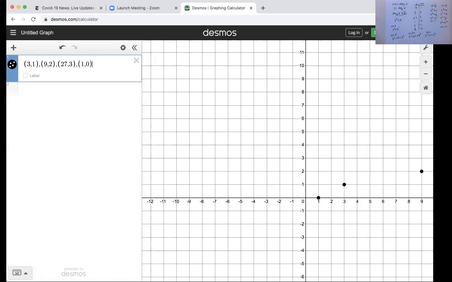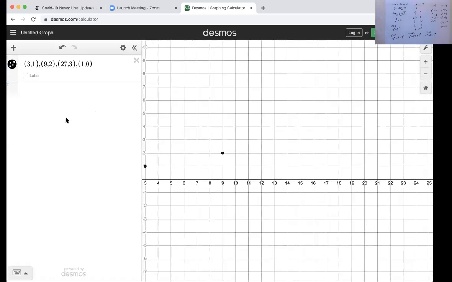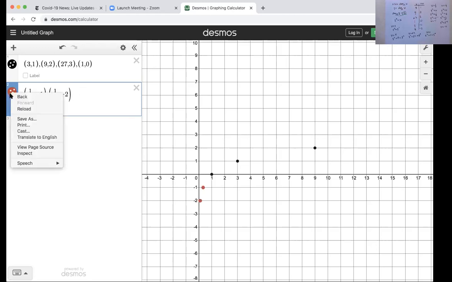There's 4 of them. And you can see the 27,3 is way out there. And then the fraction ones I'll do in a separate row here. 1/3, negative 1. And 1/9, negative 2. I'll make those points black as well.